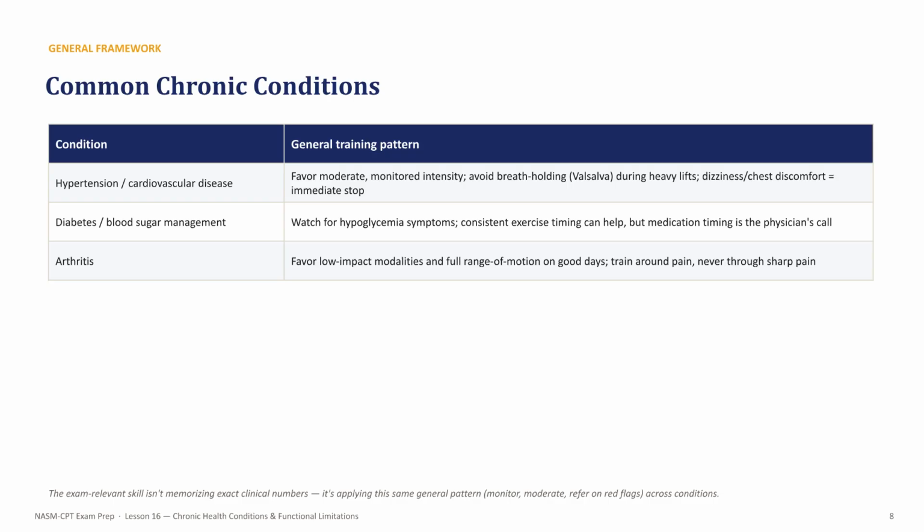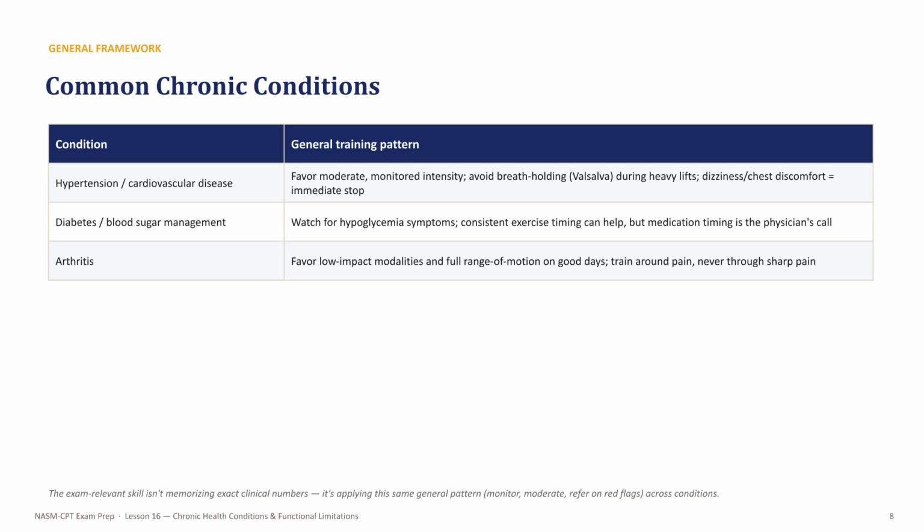Let's look at a general framework for chronic conditions. Hypertension or cardiovascular disease: favor moderate, monitored intensity. Avoid breath holding, the Valsalva maneuver, during heavy lifts. Dizziness or chest discomfort means an immediate stop. Diabetes or blood sugar management: watch for hypoglycemia symptoms.